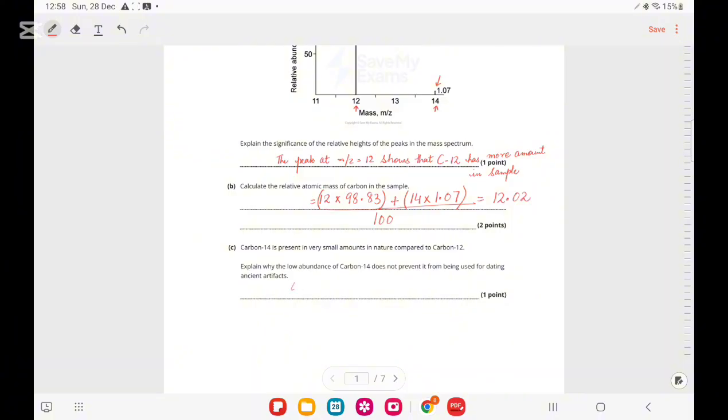So I'm going to write that its radioactivity allows it to be detected in a very small amount.